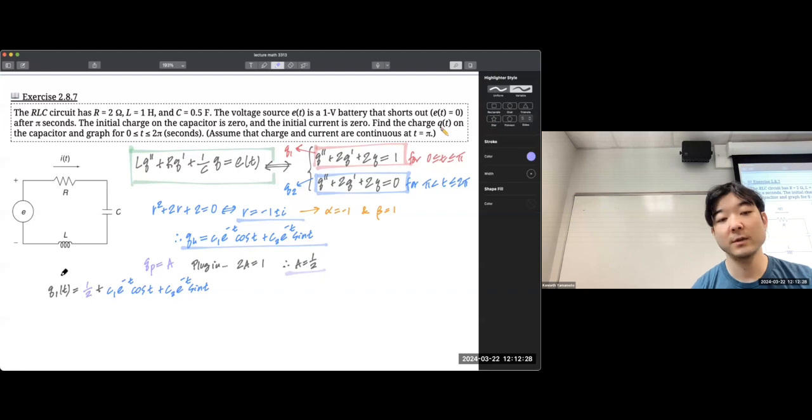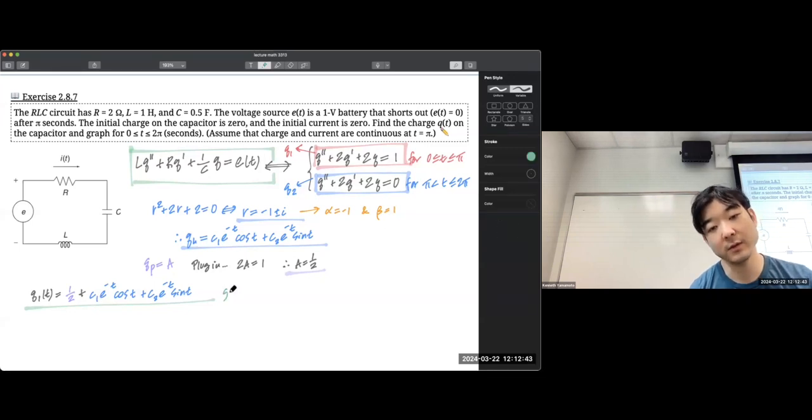So that's the general solution for Q1. But we want to find not just the general solution, but find the C1 and C2. This is just your general solution because it still has the C1s and C2s in it.